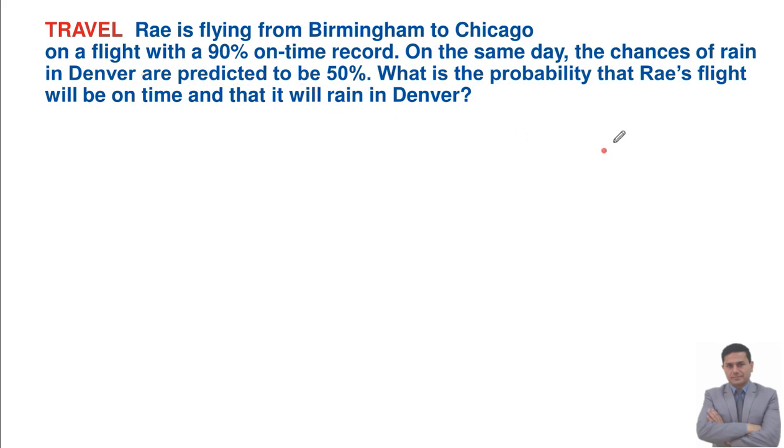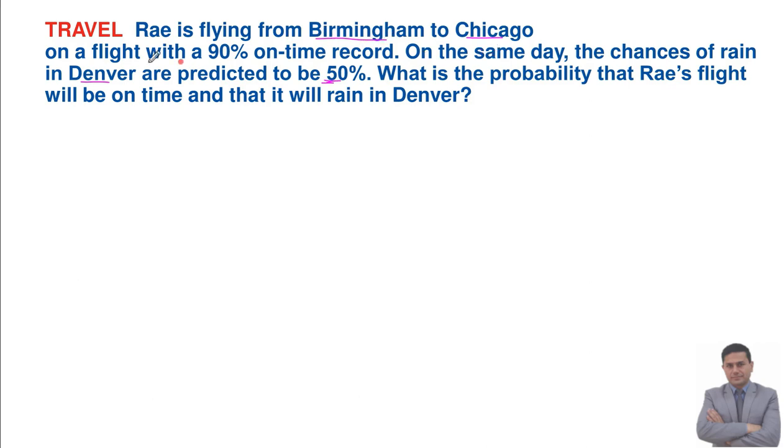What is the probability that Rai's flight will be on time and that it will rain in Denver? Rain in Denver is not even related to the flight, because the flight is between Birmingham and Chicago.